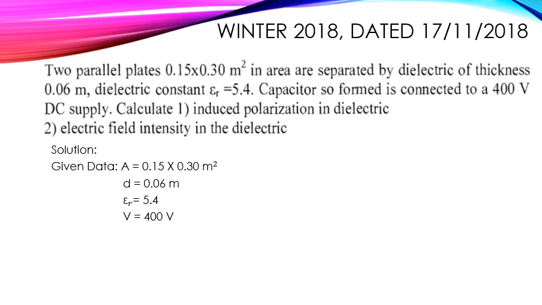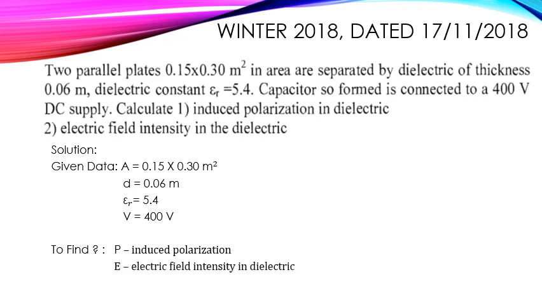Then epsilon r, relative permittivity, is 5.4 and applied voltage V is equal to 400 volts. Then write down what to find. Here as per the question we have to find polarization in dielectric, denoted by capital P. Then electric field intensity is denoted by capital E.